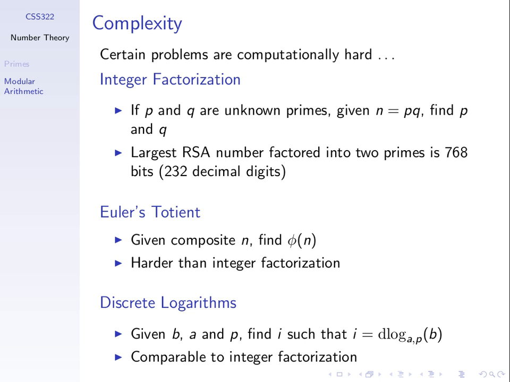These are considered computationally hard, and our ciphers will take advantage of these problems. Advantage of the fact that going in one direction is easy. Calculating the exponent, multiplying two numbers together is easy. Going in the other direction, taking this number n and finding the two factors is hard. So that's what our ciphers will take advantage of.